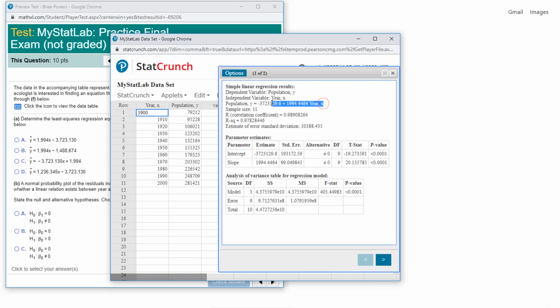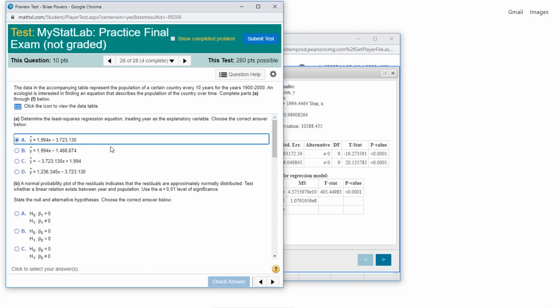You can see it's negative 3,723,129.6, which could be rounded off to basically negative 3.7 million plus 1994 times the year X. So you want to make sure that you have positive 1994 as the coefficient of year X, and that's happening in the first equation here.